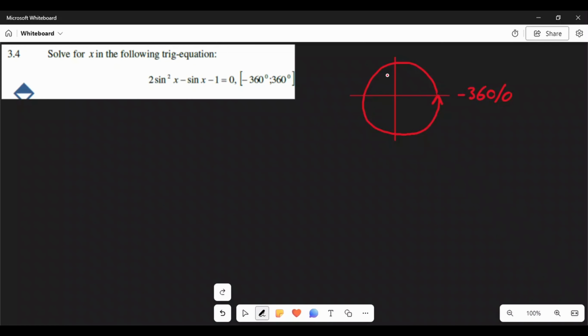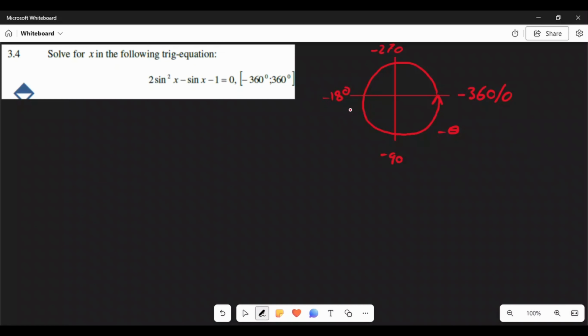We must get the angles that belong here. So we know that when we are moving backwards, this is going to be negative 90, then negative 180, then negative 270, and that is going to be negative 360. So this quadrant here, the fourth quadrant, we represent it by negative theta.